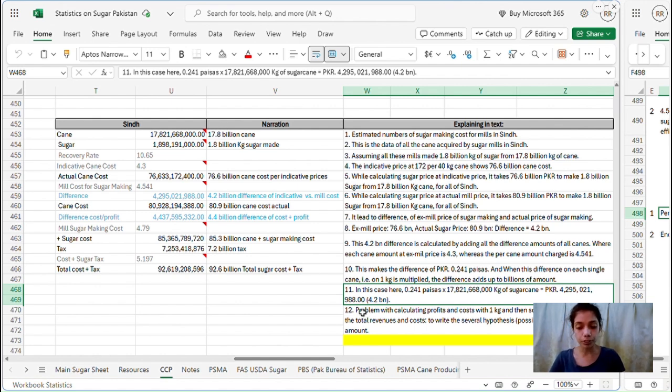And when you convert that value, you're going to get 988, that I have also discussed and worked in video, I think 32 or 33 perhaps. And this 988 shows the quantity of sugar canes in millions, which is equivalent to 4.2 billion in increased value, with a difference of 0.241 pesos.